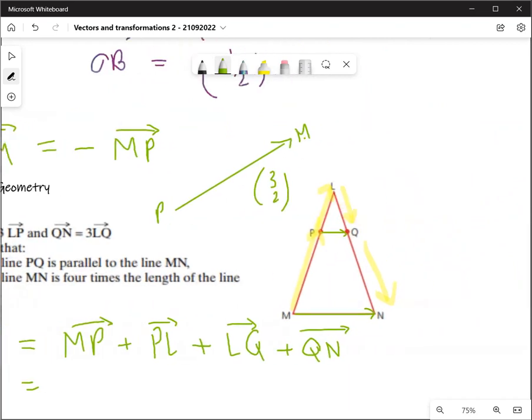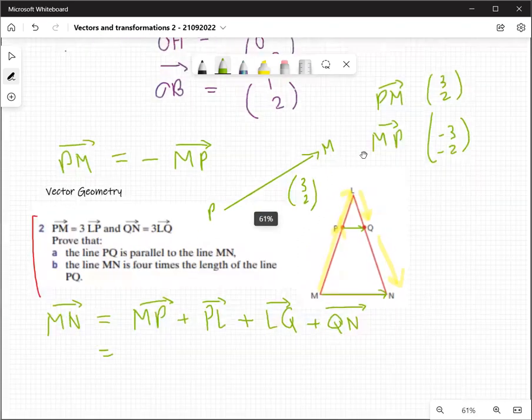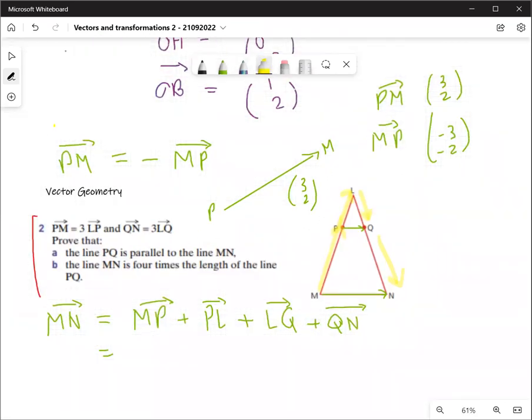Then going from M to P, MP is minus 3, minus 2, if PM was 3, 2. I hope that's clear. Write this in your notebook. Write this part first, then this, and then the example.